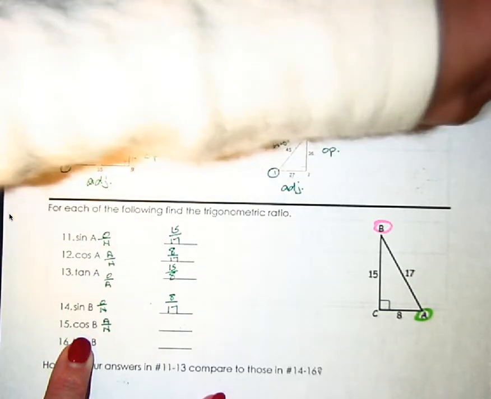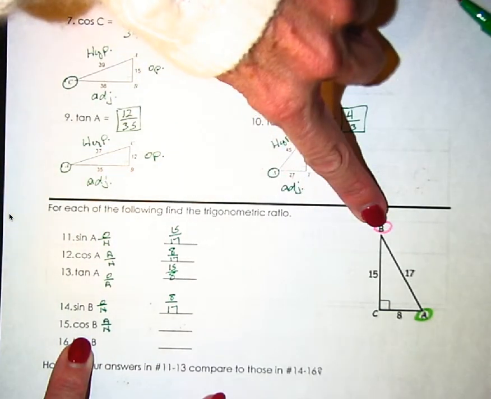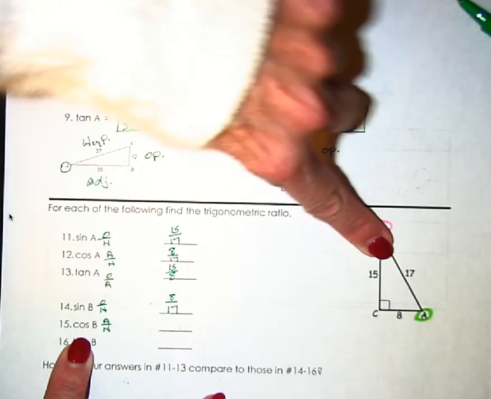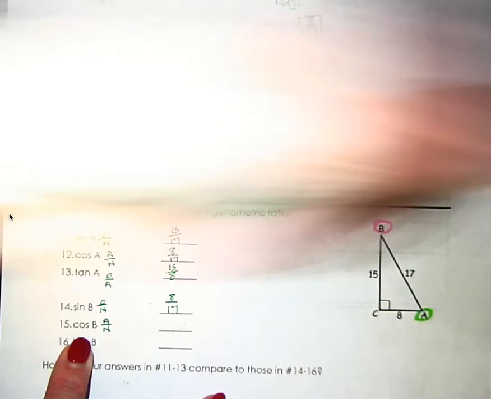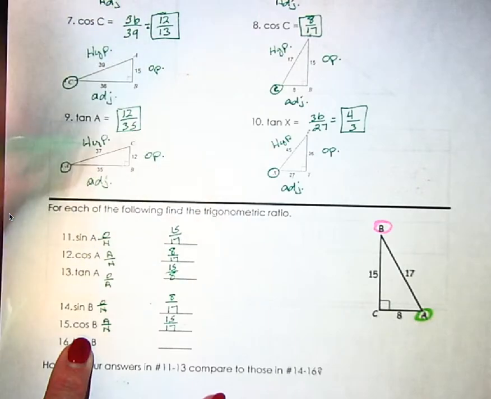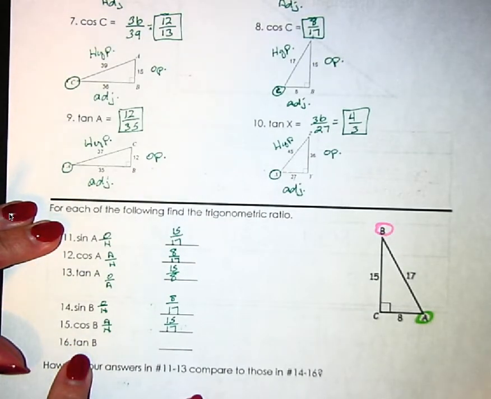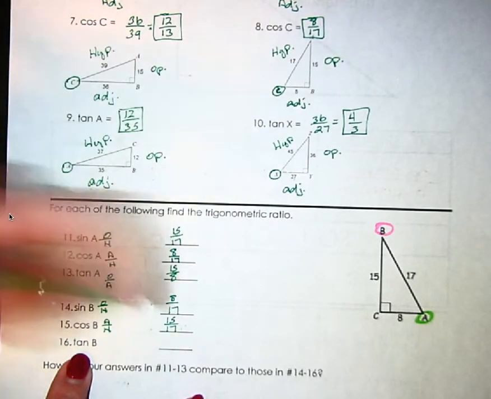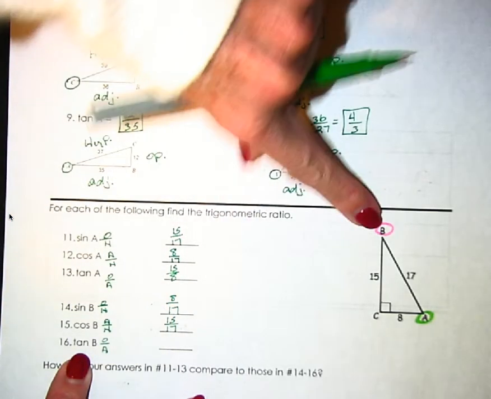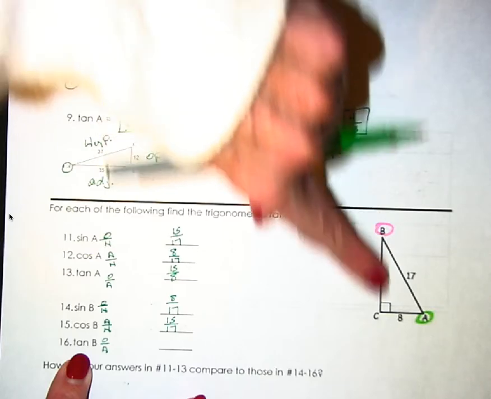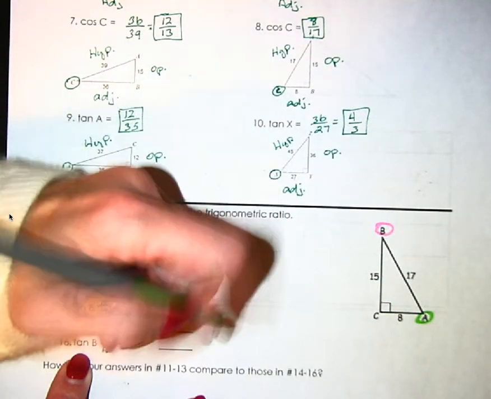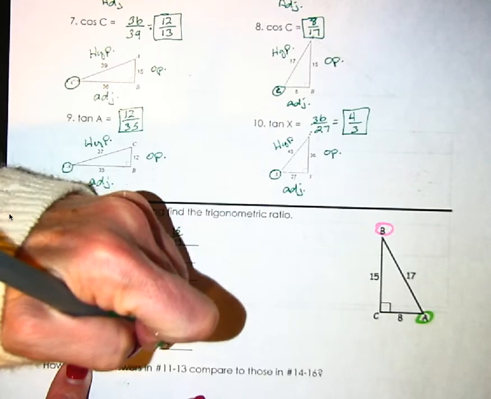So the cosine is going to be the side that's adjacent to B, so that would be my 15, and my hypotenuse is still 17. So the cosine is 15 over 17. And then the tangent, so tangent is opposite over adjacent. From B, the opposite side is 8 and the adjacent side is 15, so my tangent is going to be 8 over 15.